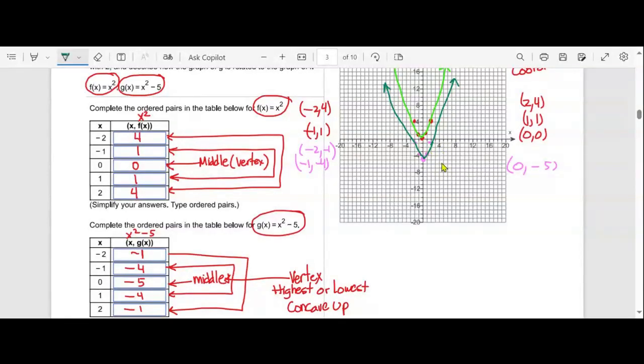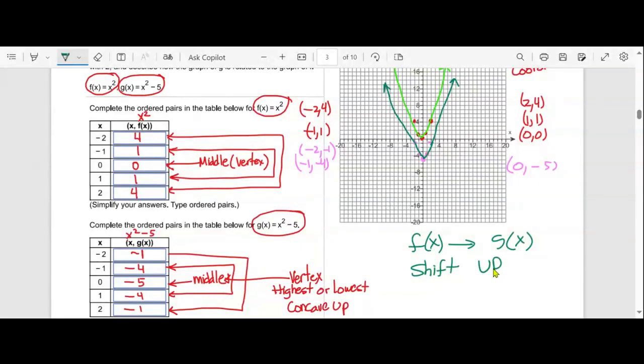Now, what happened to the graph from f of x to g of x? What do you think happened? Did it go up, down, to the left, to the right? How many units did it shift?